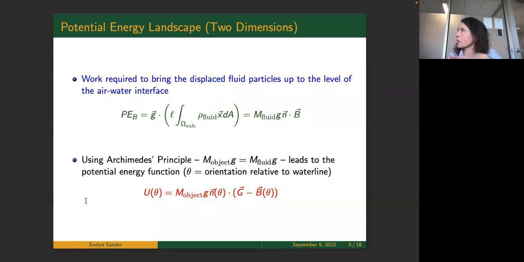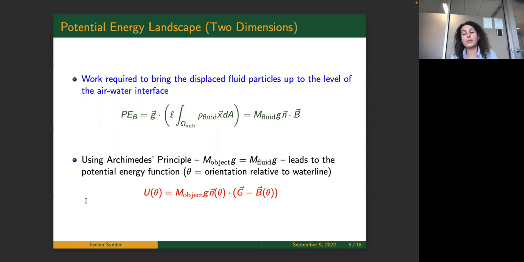And theta is just the direction of the water line, which, remember, we're moving the water line angle rather than moving the object itself. It is just going to be the mass of the object times g times the unit outward normal direction as a function of theta, dotted with G minus B. So the center of gravity minus the center of buoyancy.